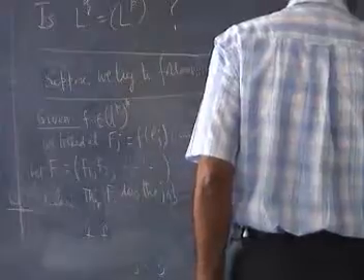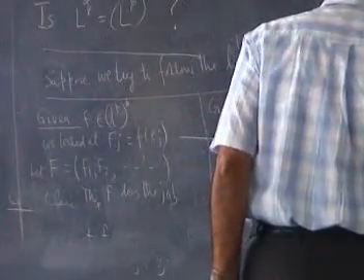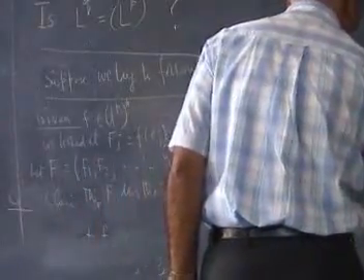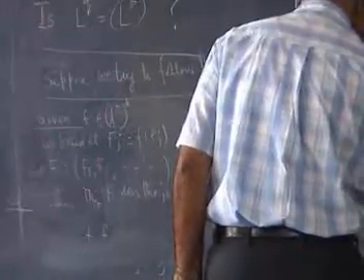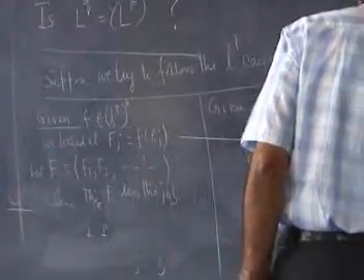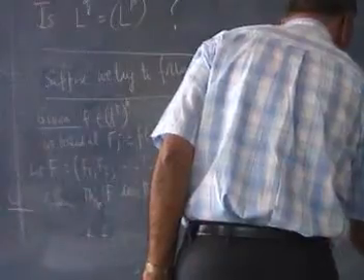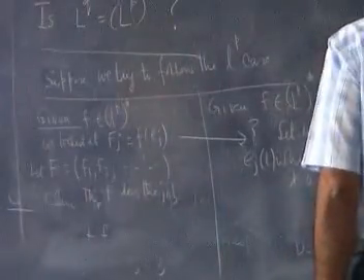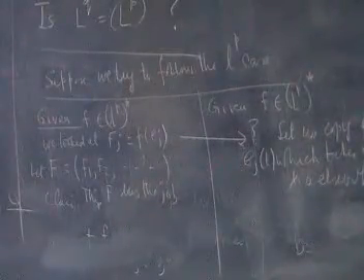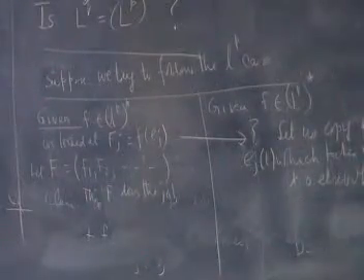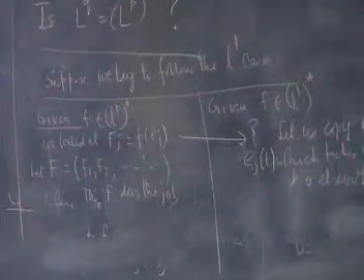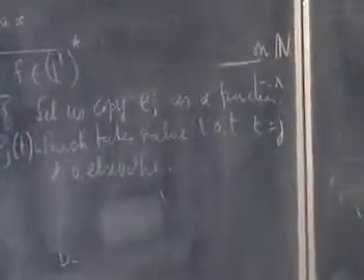Ej as a function which takes value 1 at t equal to j and 0 elsewhere, as a function on the natural numbers. It is defined only for n equal to 1, 2, 3, so it's a discrete function: Ej(t) is equal to 1 if t equals j, 0 otherwise.